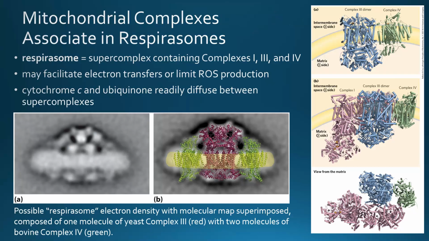One interesting discovery is that many of these enzymes complex together in the membrane of the mitochondria into multi-enzyme complexes referred to as respirasomes, which contain all of the proton pumping enzymes 1, 3, and 4, and these are large enough to be seen with electron microscopy.